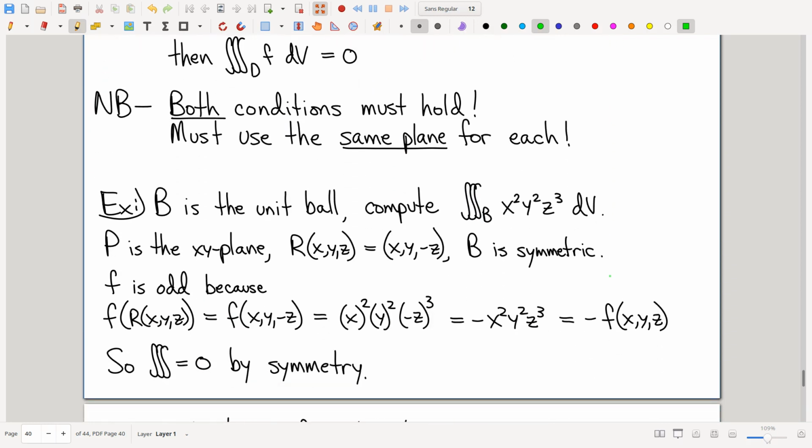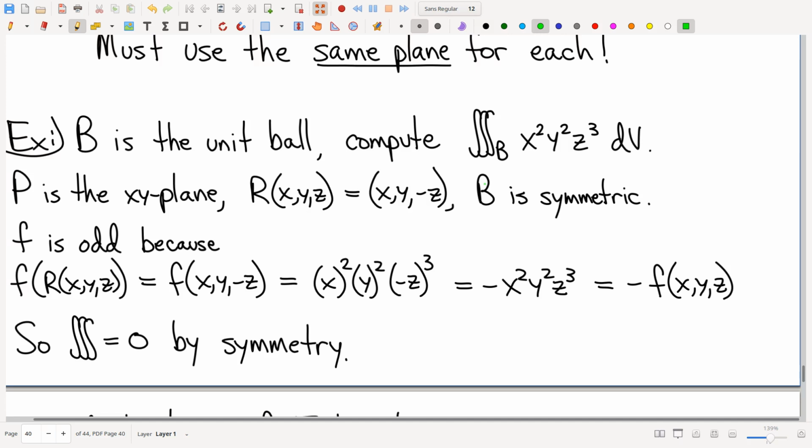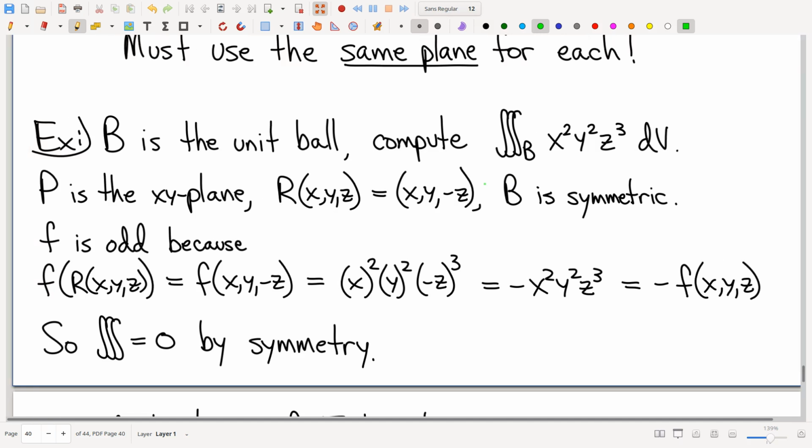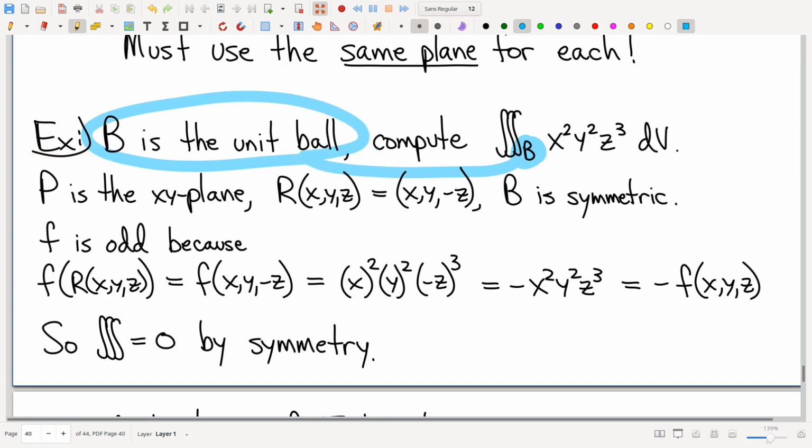Suppose, here I'll zoom in a little bit more. Suppose we are looking at our domain being the unit ball. By the way, the unit ball is a fantastic domain if you're thinking symmetry, because it has tons of symmetries. The unit ball is symmetric through every plane that contains the origin.